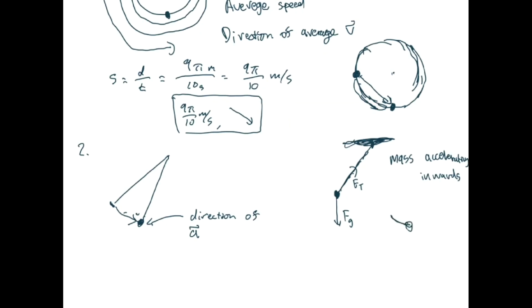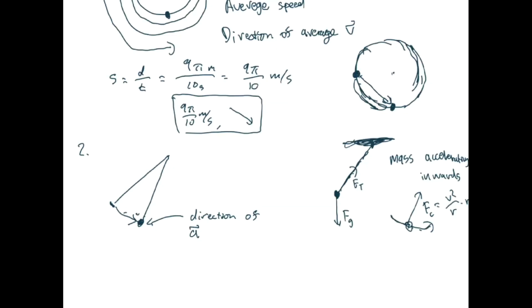In order for it to keep turning and keep changing its velocity, it has to have a centripetal acceleration, with net force equal to m v squared over r. So its radial net force must be pointed inwards.